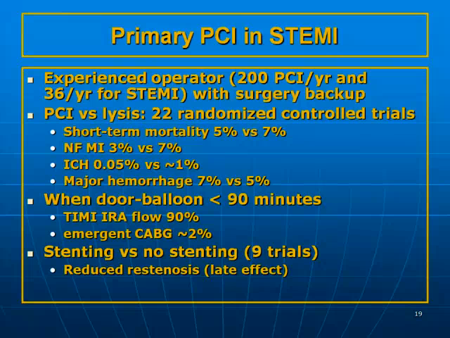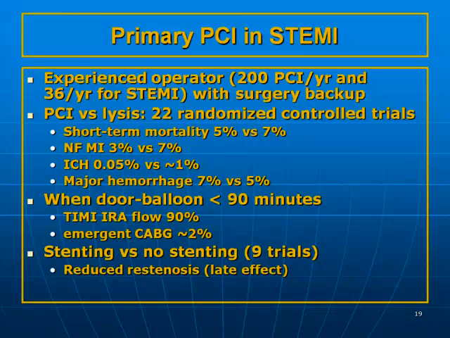There are 22 randomized trials comparing lytics with PCI. And the data is pretty convincing. The mortality rates at 30 days are significantly better with PCI. Reduction in myocardial infarction rates, lower rates of intracranial hemorrhage.